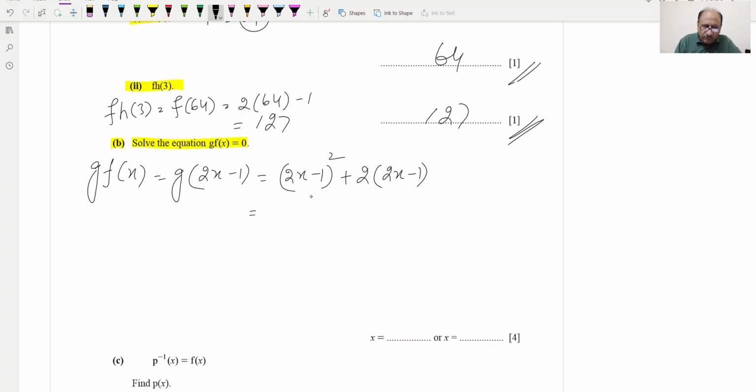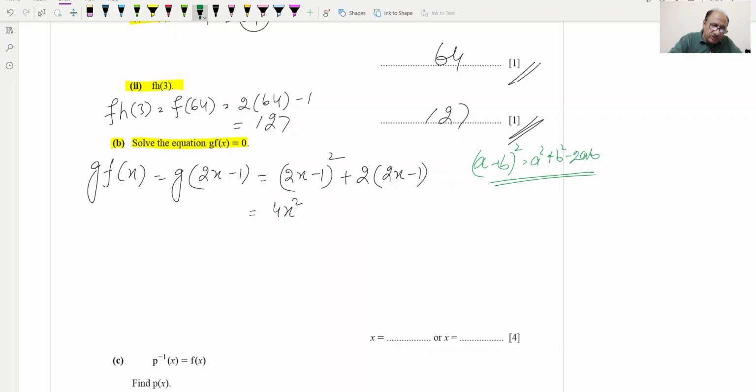If we open the square, the formula which I am using is (a minus b) whole squared is equal to a squared plus b squared minus 2ab.